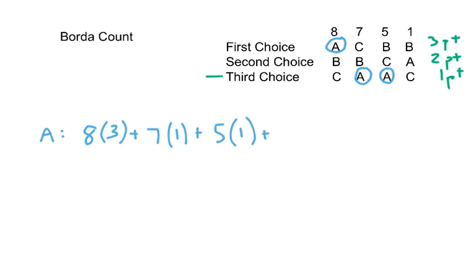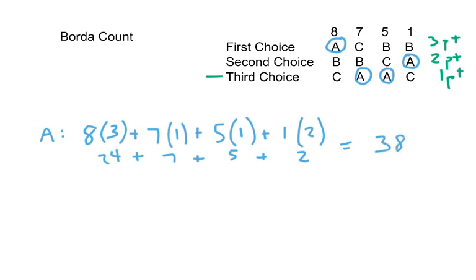And then finally, candidate A has 1 second place vote. We add these together, and that's the total number of points that candidate A has received. So let's see, we've got 24 plus 7 plus 5 plus 2, candidate A has a total of 38 points.